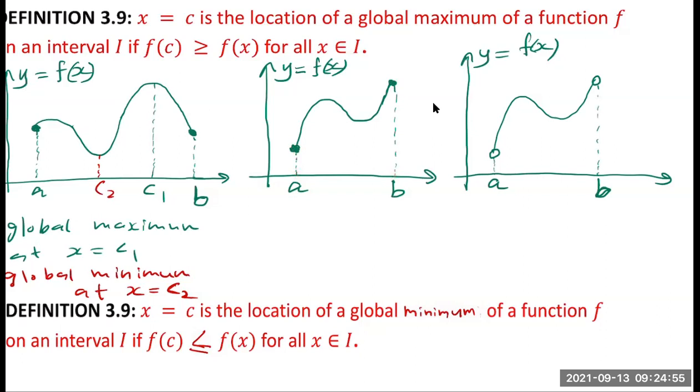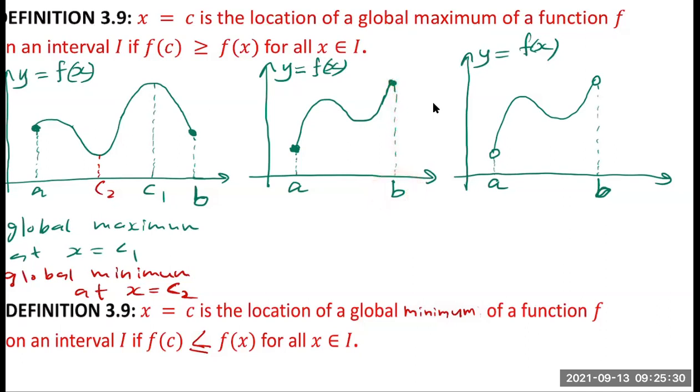Again, recall the definition. The location of a global maximum is a point x is equal to c such that f of c is greater than or equal to f of x for all x values in that interval. Or in other words, that is the location of the maximum y value in that interval. As you can see, the maximum y value that you can see on the graph is this y value. So the location of that y value is b. In that case, the global maximum occurs at x is equal to b.